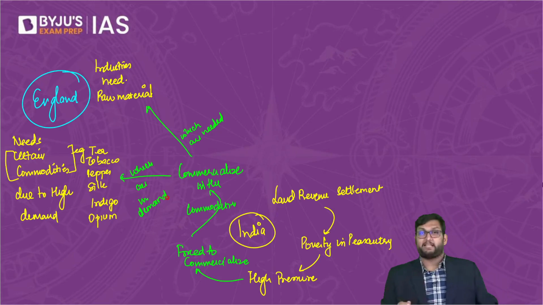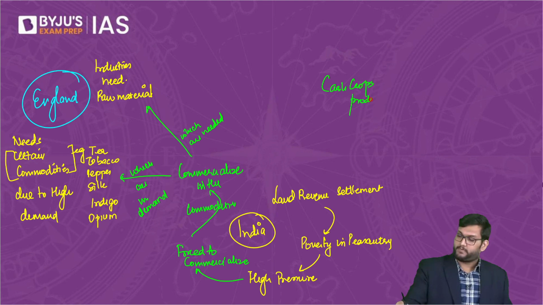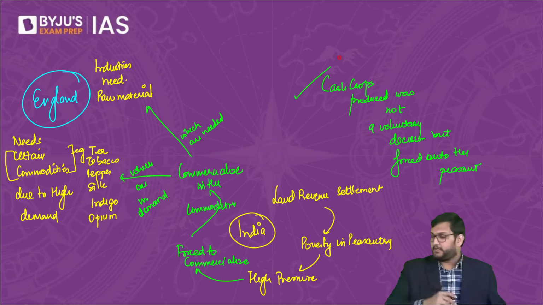So basically, cash crops produced was not a voluntary decision but forced onto the peasant. Is this making sense?